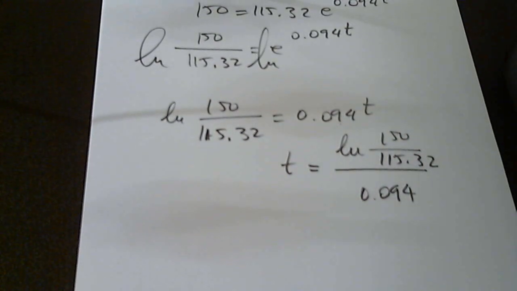Be careful how you put it in. The best way is to put it in compact, not step by step, because you potentially introduce a lot of error. So natural log of 150 divided by 115.32, close, and divide by 0.094. This is going to be t years since 2011.